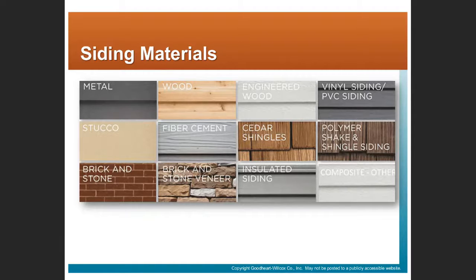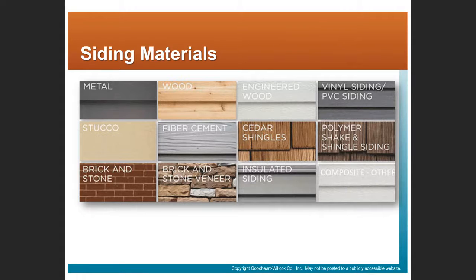Again, still in Division 7, siding materials, right? What are we going to put on the outside of the building? We're probably going to have some kind of vinyl siding or insulated siding.